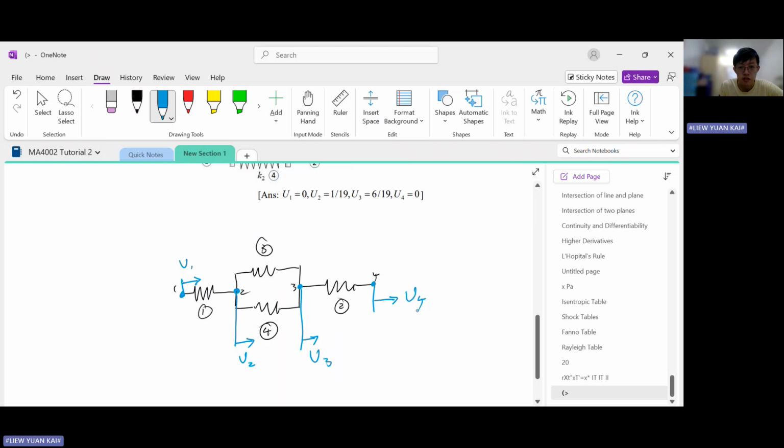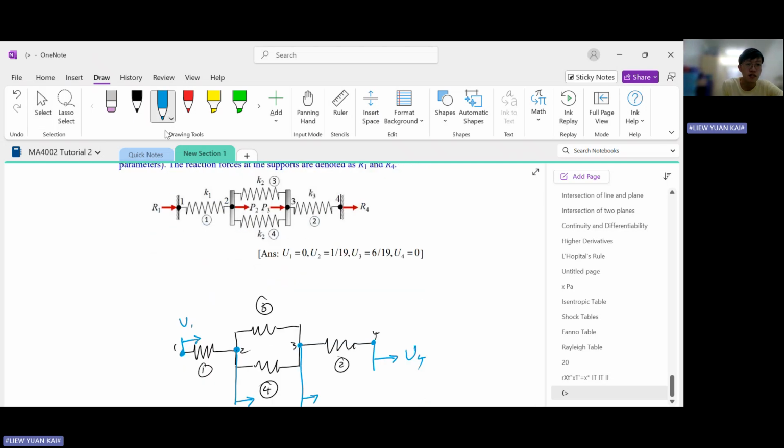These are just displacement terms that I assign to each of the nodes. After you apply some loading conditions, these nodes will get displaced. So U2, U3 will have some value as a consequence of those external loads.